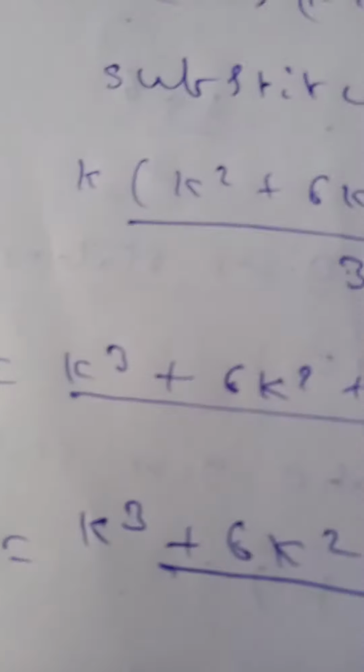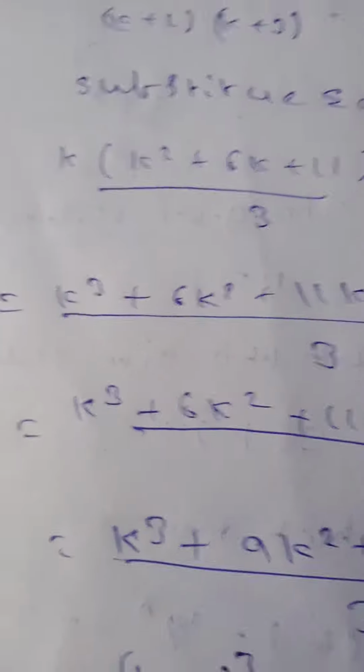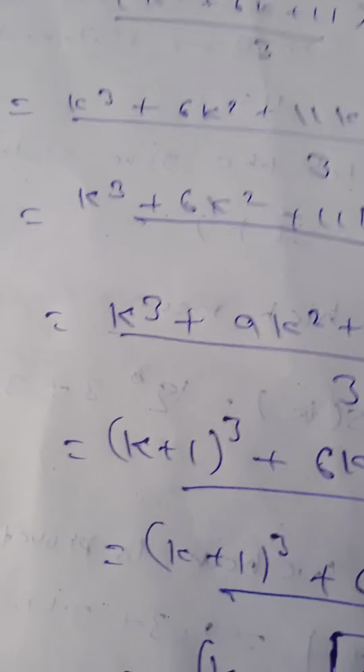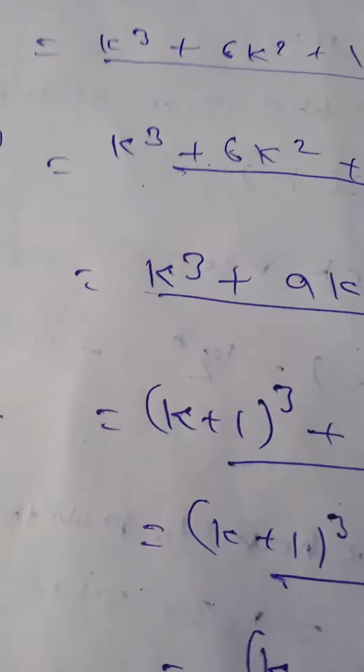To prove this, now we have to take (k plus 1) whole cube. (k plus 1) whole cube means k cube plus 3k square plus 3k plus 1.